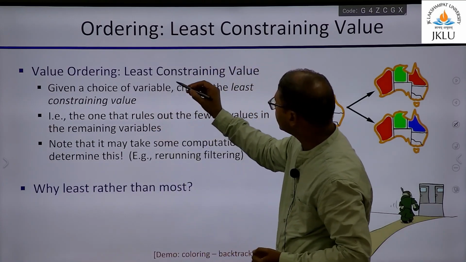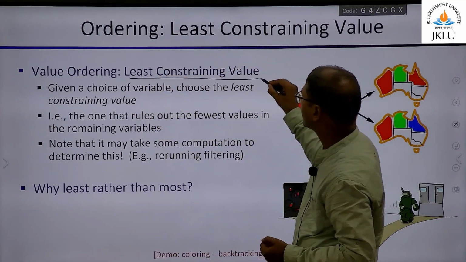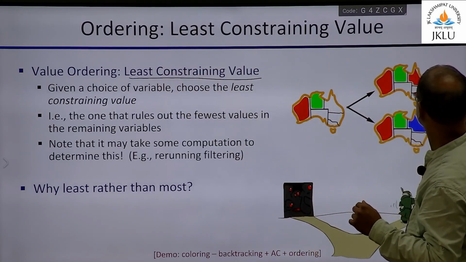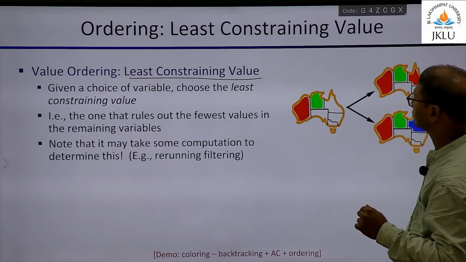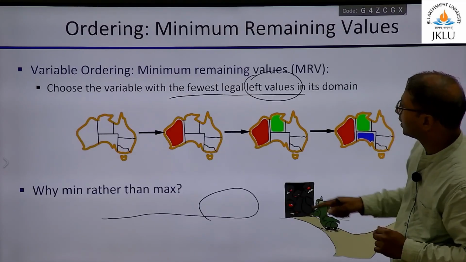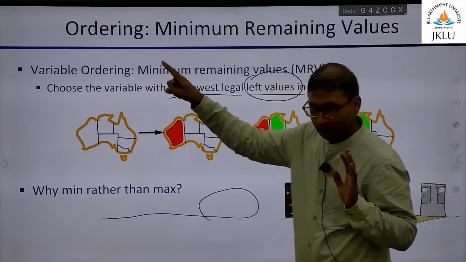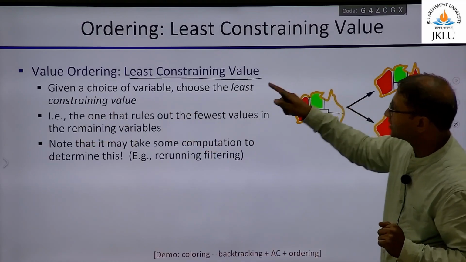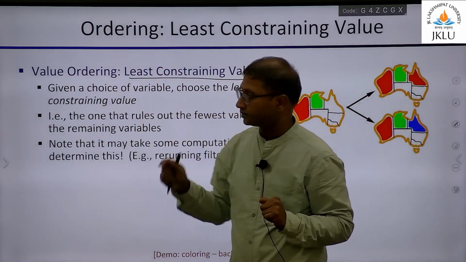Value ordering, least constraining value. What was the earlier ordering? Variable ordering. Okay. What is this? Value ordering.